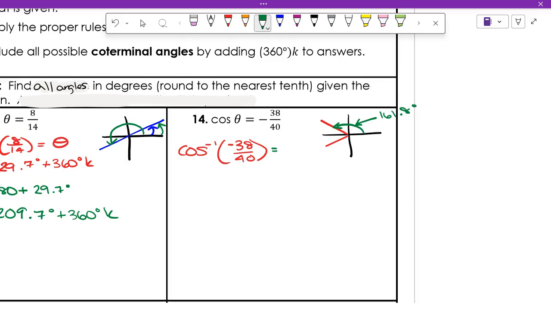So that's going to be this whole angle. So we're going to go theta is equal to 161.8 degrees. And then we can get every possible answer because again, if I add 360, I'm right back. Another 360, I'm right back there. So plus 360 degrees k. That gets me every possible answer for my angle measure that will land right here on this terminal side right there. Okay, now I got to find the other one.